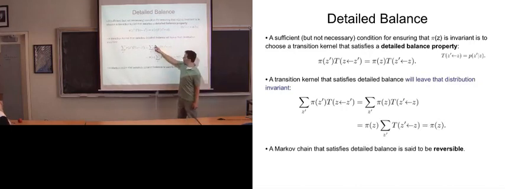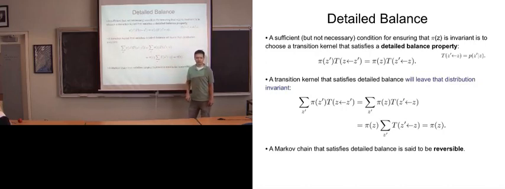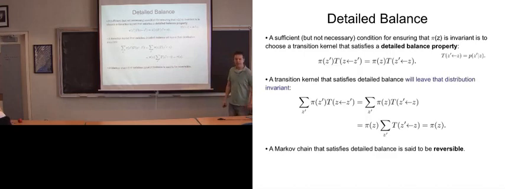I can pull pi out, and what is this? This is just 1, by definition. Right? That's given by the conditional probability. So that's 1, and you get pi z. That effectively means that the transition operator leaves pi invariant. Okay?